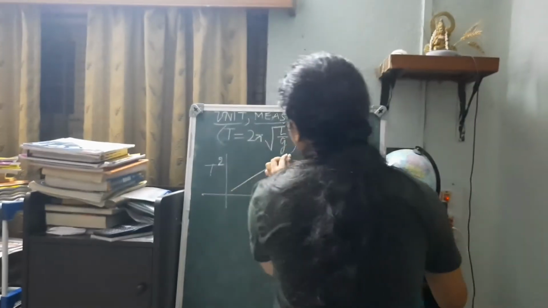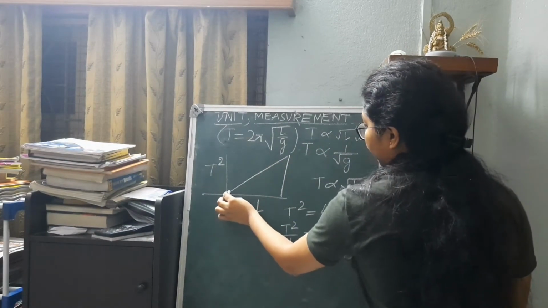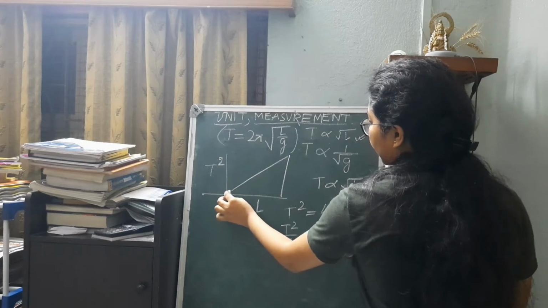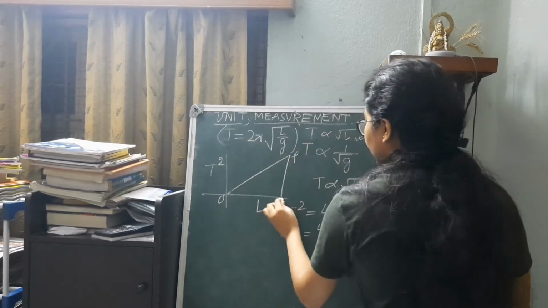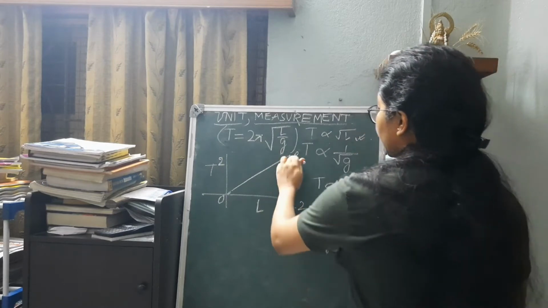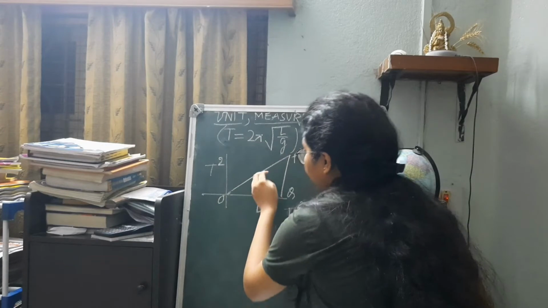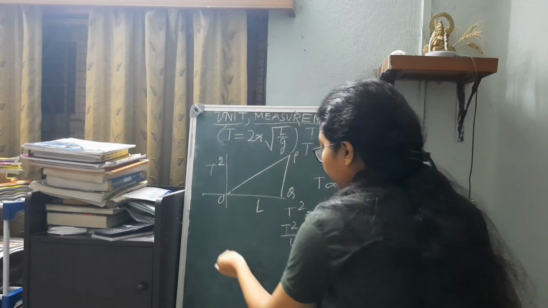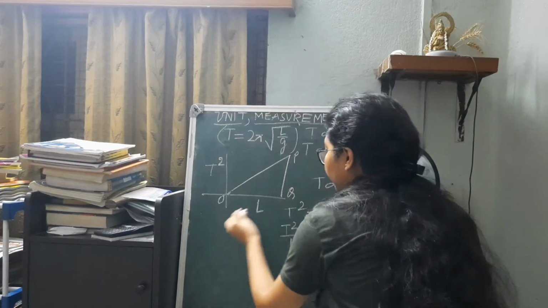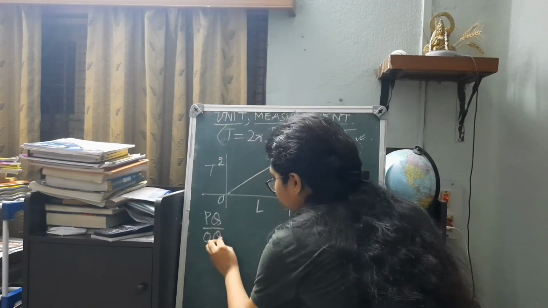Now if I take the slope of this graph, naming the points as O, P and Q, the slope of this particular t square versus L graph is y2 minus y1 by x2 minus x1. That means the slope is PQ by OQ.